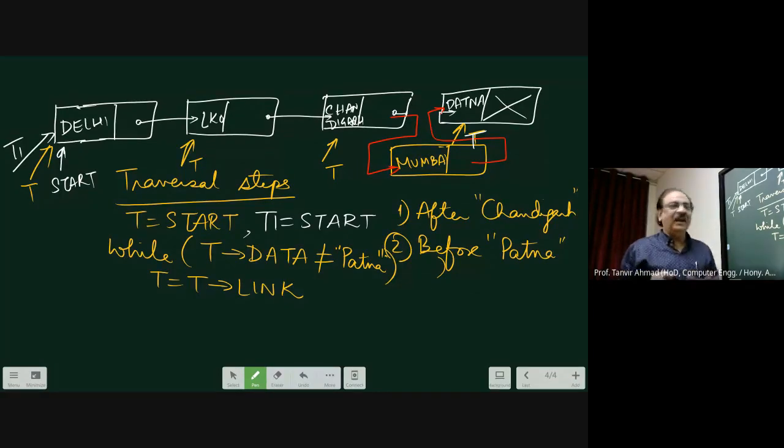Now what I will do is that I will compare with T of data, and then I'll move in such a way that T1 is 1 before T. Therefore, I will be able to move T just 1 after T1. Then I will try to say T is equal to T of link.